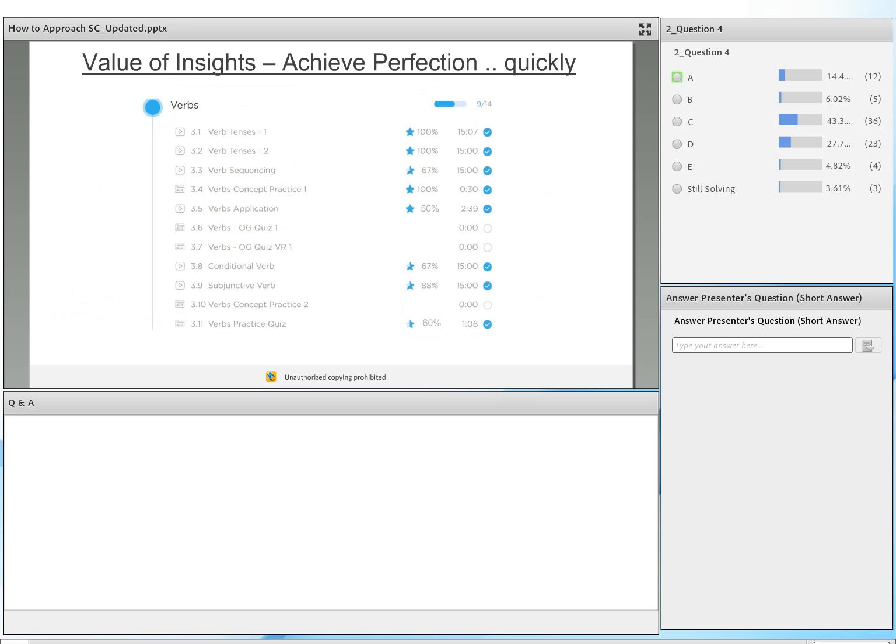Now, when this student takes a look at the dashboard, so the student went through this whole thing, and towards the end of it, he realized he got a 60% score in the final practice quiz, and that's not a good score. We want you guys to aim at a 100% score in the SC course, right? So now he has to do a root cause analysis.